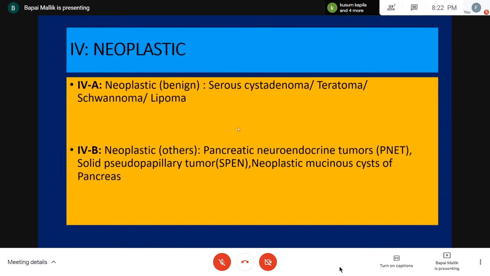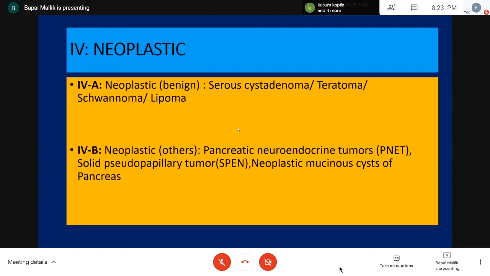About neoplastic, this is a tricky area. Many people may find it confusing. Neoplastic is divided into two groups, benign and others. So what is neoplastic benign? Neoplastic benign are lesions which you are able to diagnose and give a specific name, and you know that they're benign lesions. Most often they are serous cystadenomas.